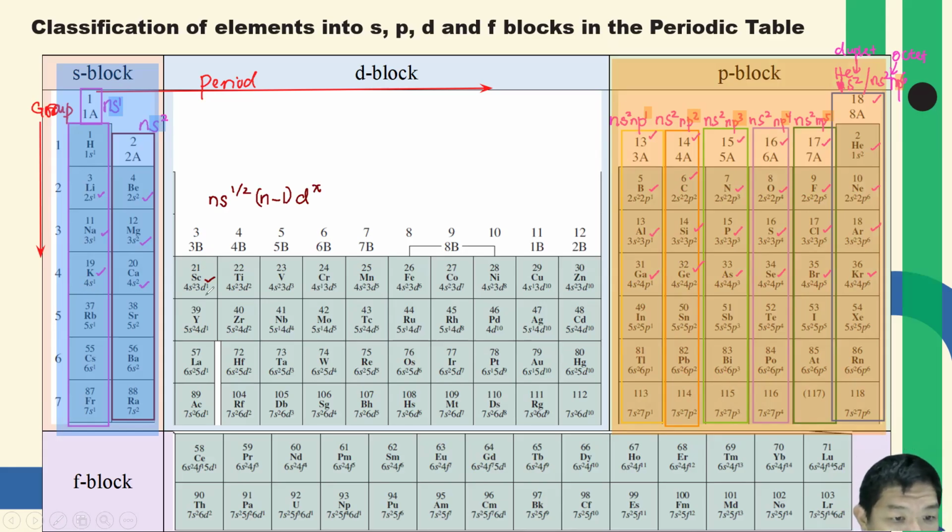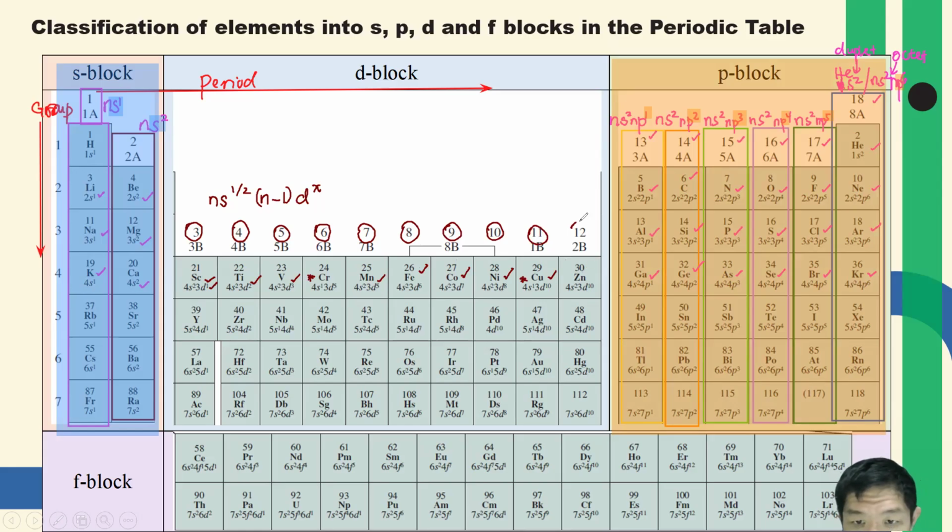If you have the valence electrons 4s2 3d1, you are from group 3; 4s2 3d2, group 4; 4s2 3d3, group 5; 4s1 3d5, group 6, which is the anomaly that I talked about previously; 4s2 3d5, group 7; 4s2 3d6, group 8; 4s2 3d7, group 9; 4s2 3d8, group 10; 4s1 3d10, group 11, which is also an anomaly; and 4s2 3d10, group 12.